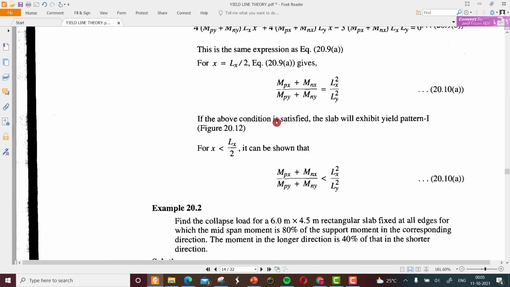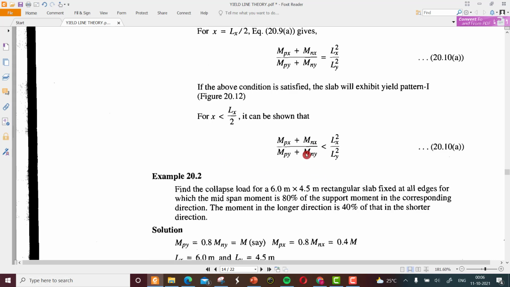If all the yield lines are meeting at the midpoint, then it will exhibit yield pattern 1, and if x is less than lx by 2, it can be shown that this will be the condition. So these are the values we got from the analysis.